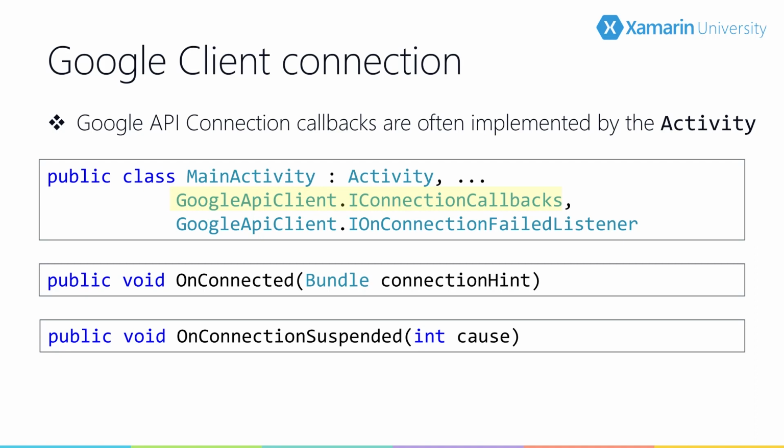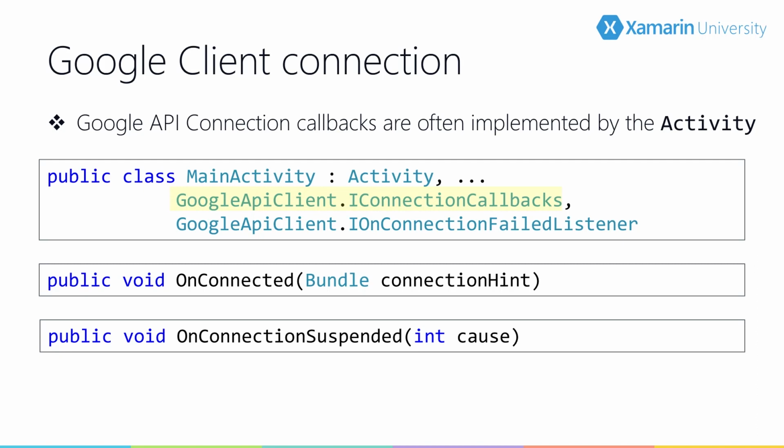After this callback, the application can use the other methods exposed by the client. The connection hint parameter passed to the method contains specific data relevant to the services that we've requested access to when we create our Google API client. In the case of the location service, it will be null as no additional parameters are used.